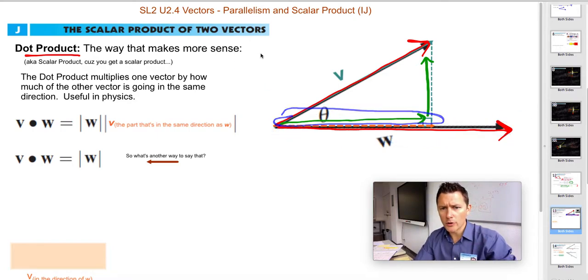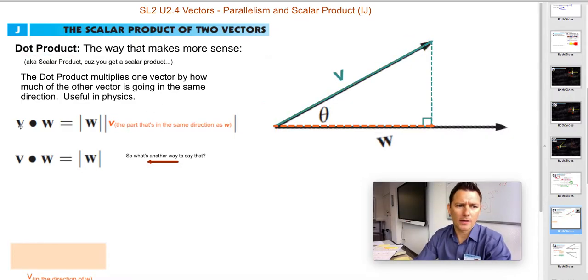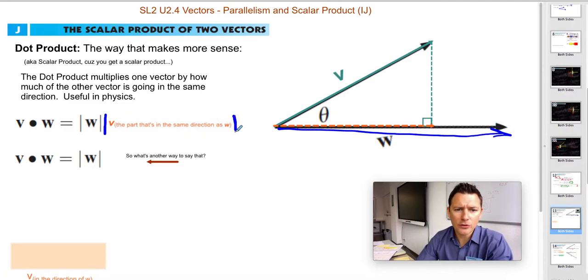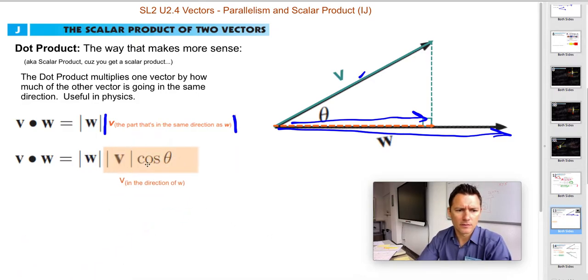So one way to think about this is the dot product, the multiplication between these two vectors, is the magnitude of W, that's this piece, and the magnitude of the part of V that's in the same direction, just this piece, right? Another way to say this piece, the part of V that's in the same direction, is V cosine of theta.